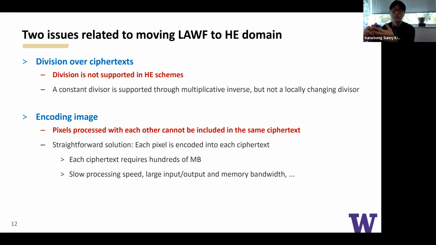Such encoding incurs huge data size, which slows down the processing speed and increases the memory footprint and transmission bandwidth. For example, each ciphertext requires hundreds of megabytes of data size, and if there are 128 by 128 pixels, then the data size is larger than hundreds of gigabytes.